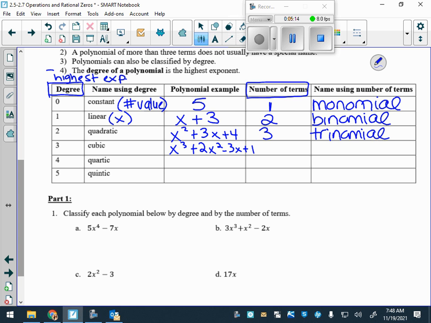If we have a degree of 3, it's a cubic function. So these names we have to know. How many terms do I have here? 4. So if it's 4 or more, it's a polynomial.